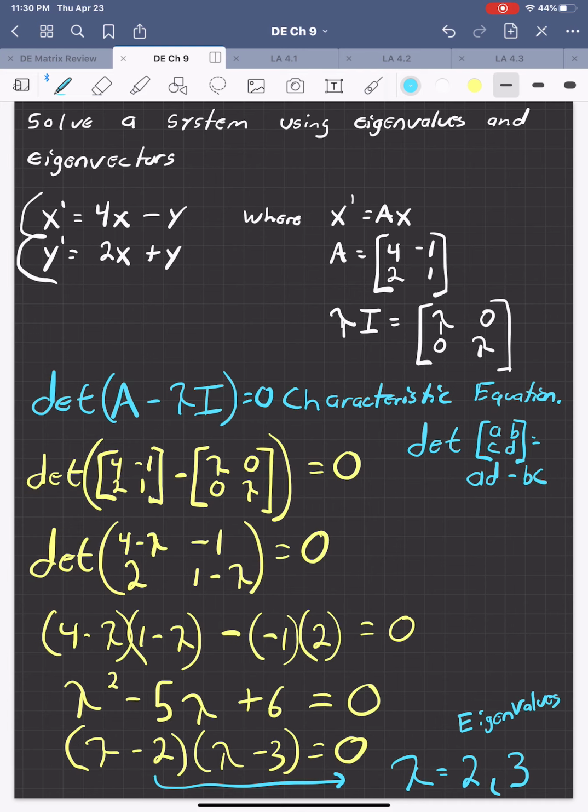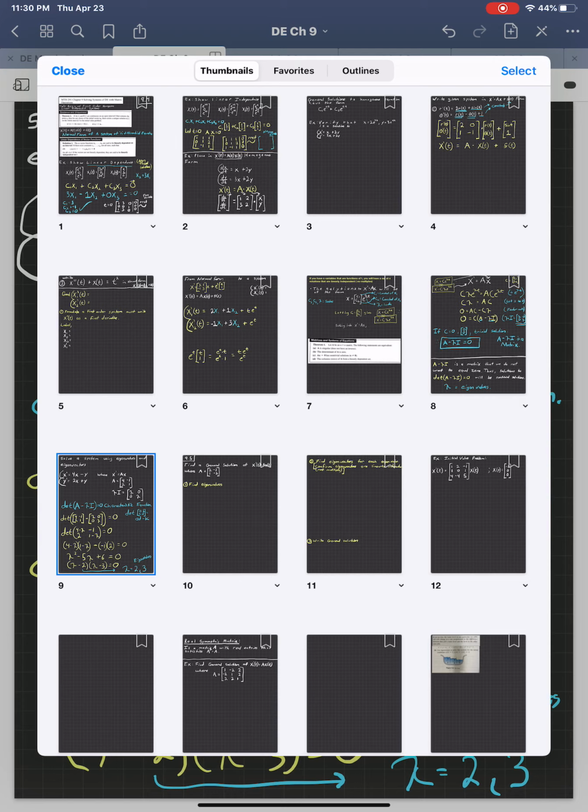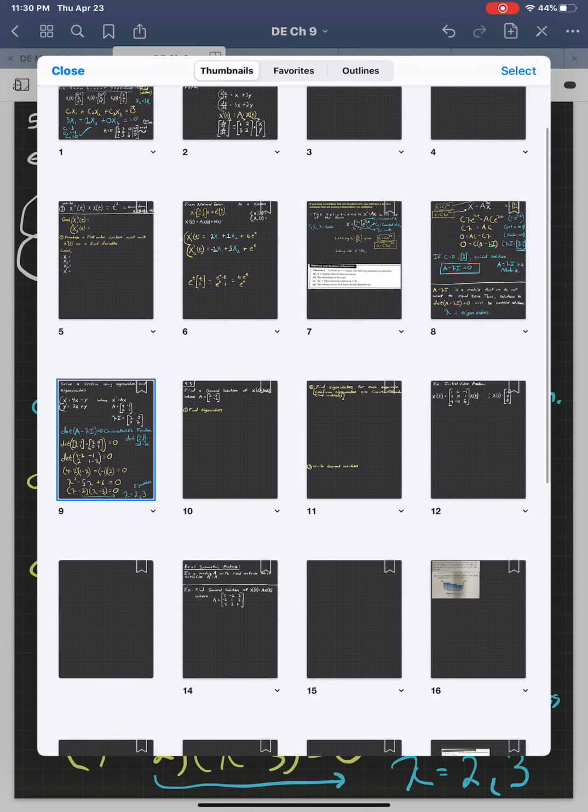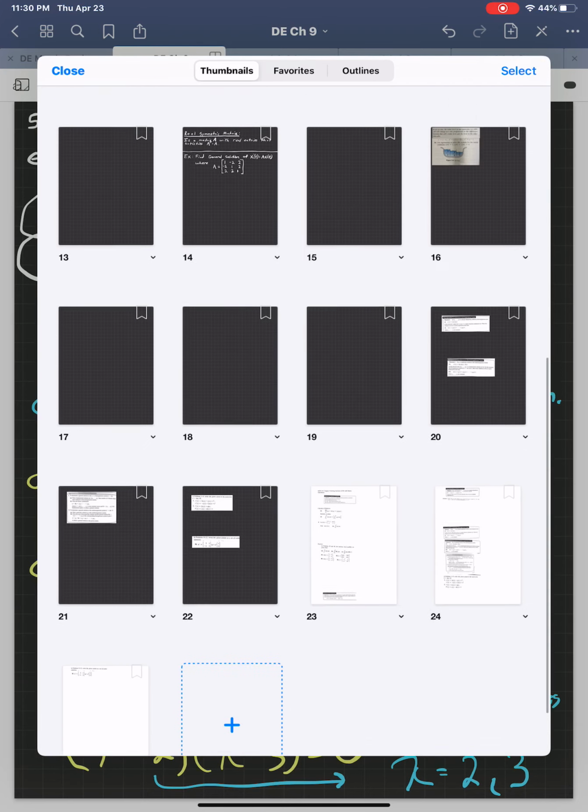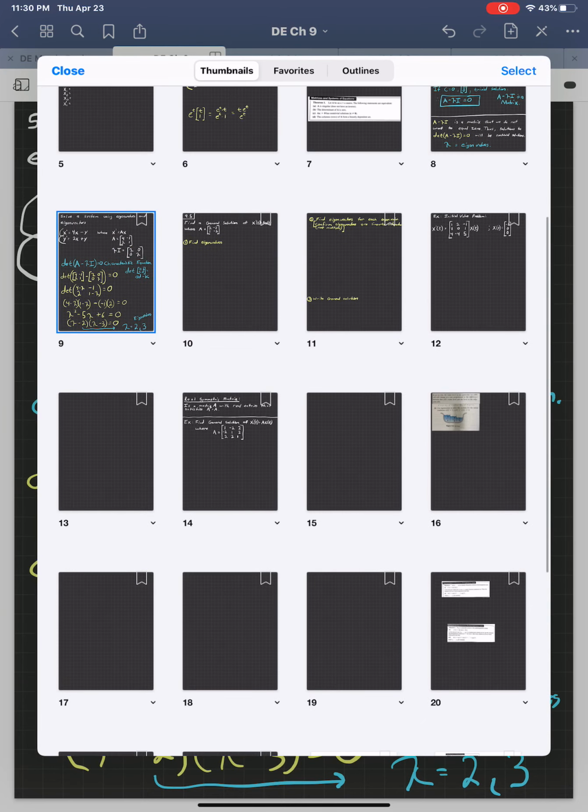All right. I'm going to need some more space here, so let me grab this page and bring it up. Let's use those eigenvalues to find the eigenvectors.